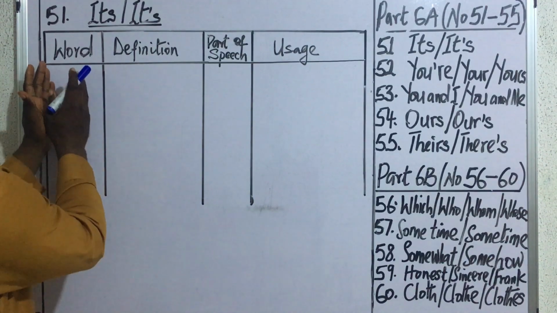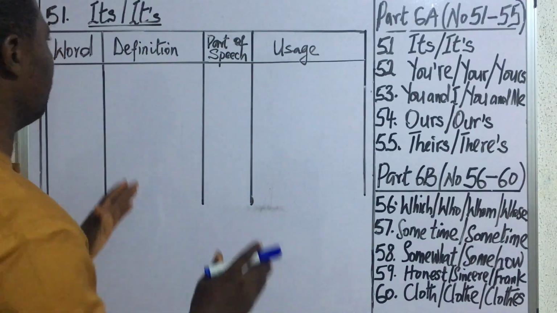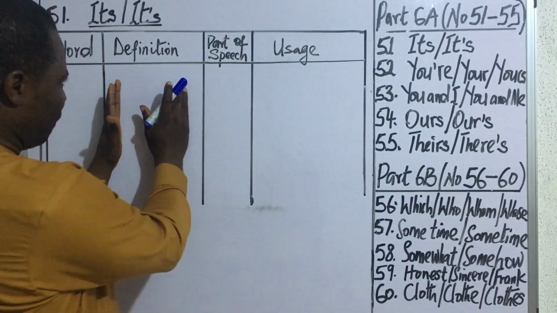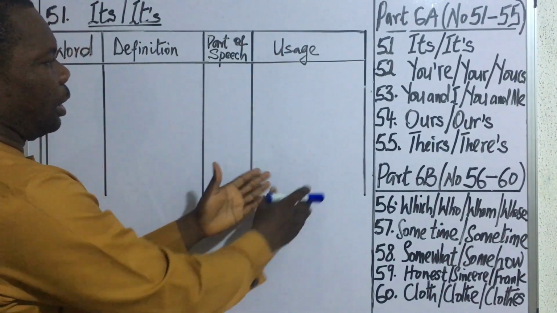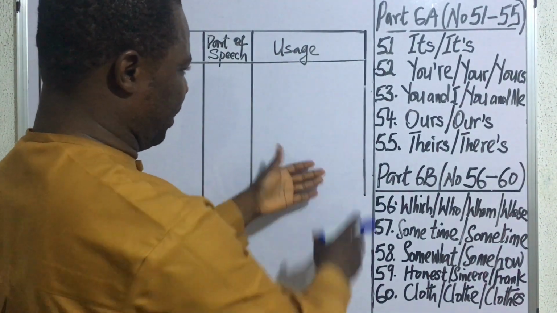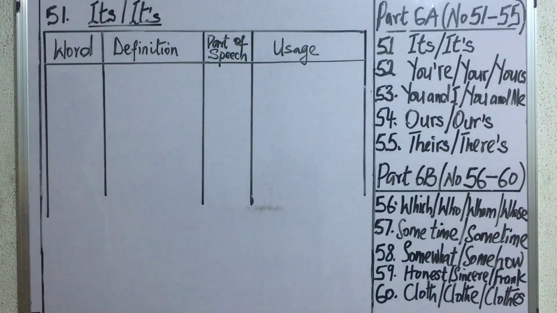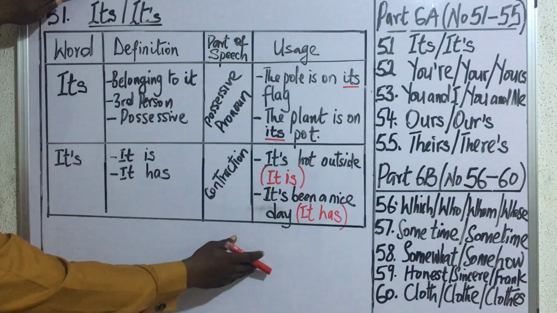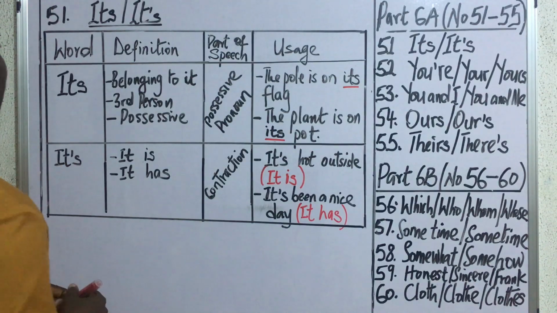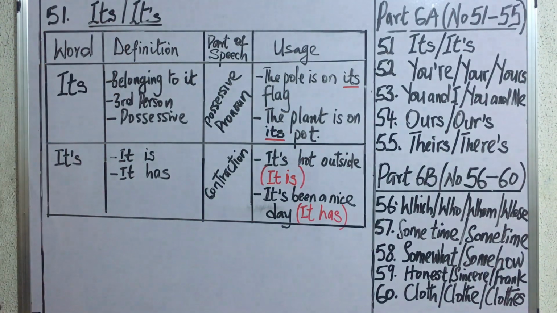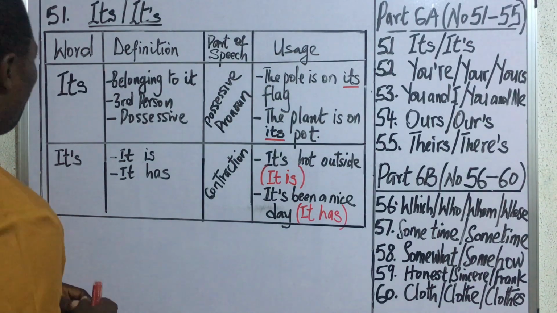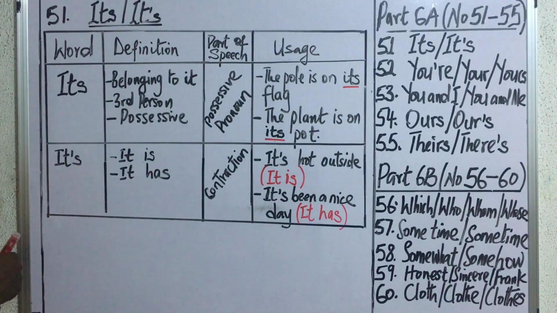We shall consider the words first, and then we'll consider their definition, and then the part of speech that they belong to, and also how to use them in expressions. So let's get started. The first word that we want to look at here is its, that is the one without apostrophe. Now, what does this word mean?